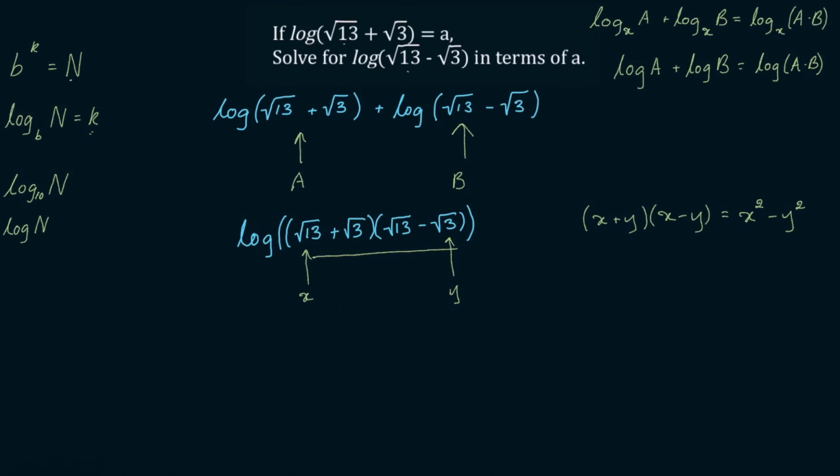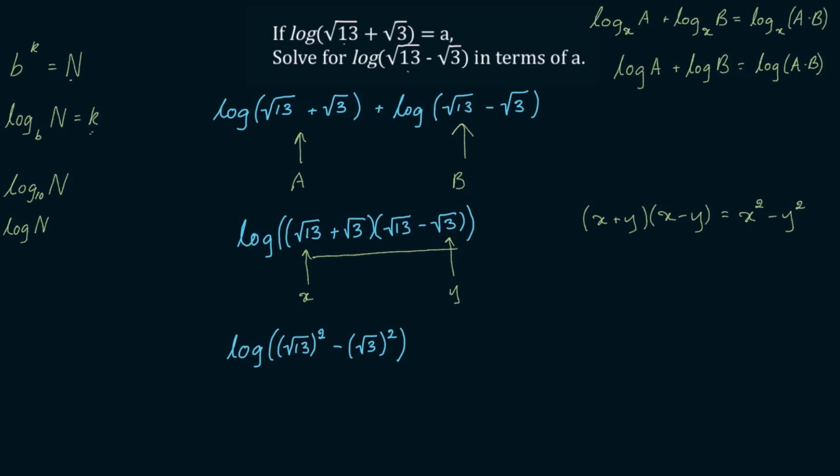And when we do this and we simplify even further, we get log of the square root of 13 squared minus the square root of 3 squared.